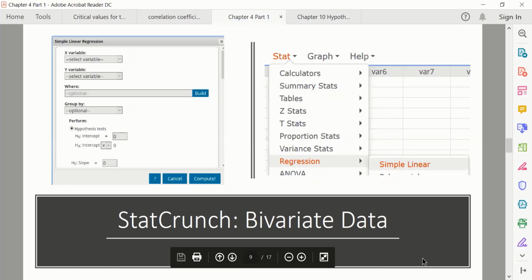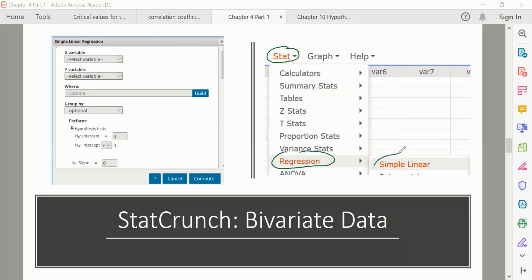So how do we do this in StatCrunch? We're going to have two columns of data. The X's and Y's are together in a column. And you're going to do Stat, regression is what we're going to do. So we're going to click on regression. So Stat, regression, and simple linear.